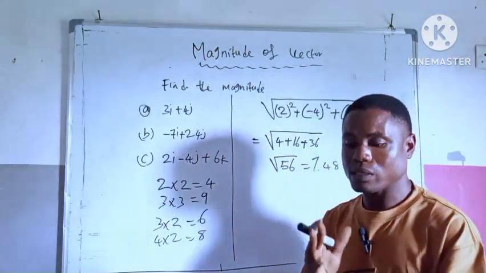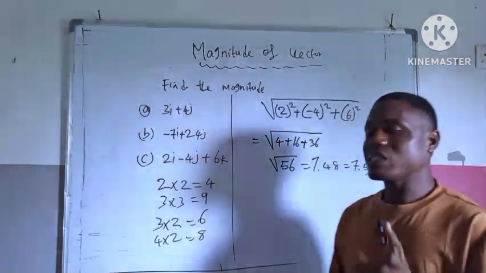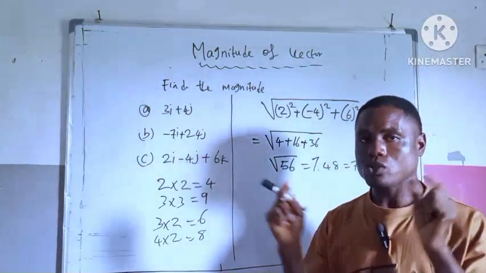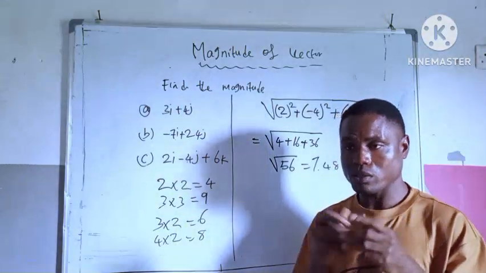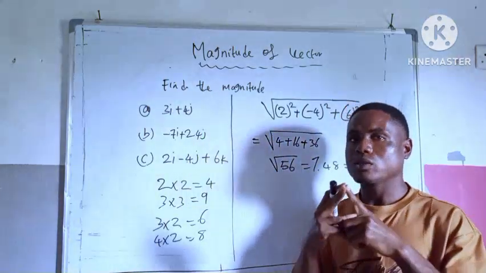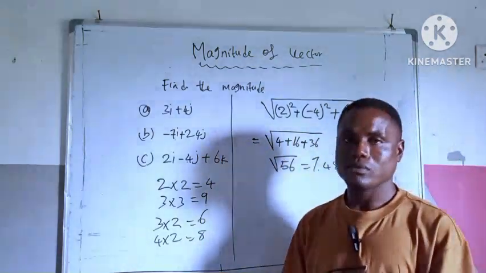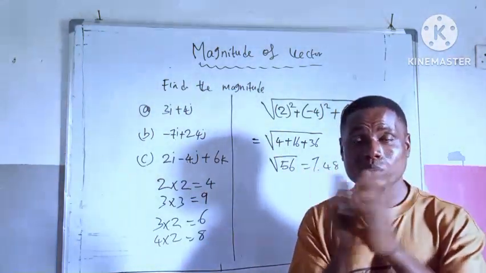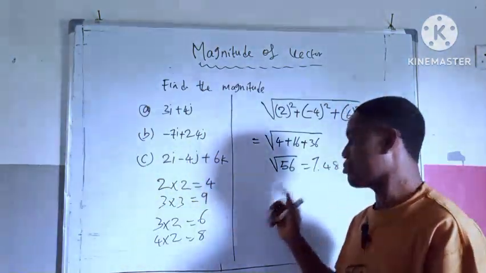Now most answers will be in surd form. What you need to do is think of two numbers that can be multiplied. It's not compulsory that they must be the same. Think of two numbers that can be multiplied to give you 56. Which two numbers go multiply? Like this times this will give you 56.